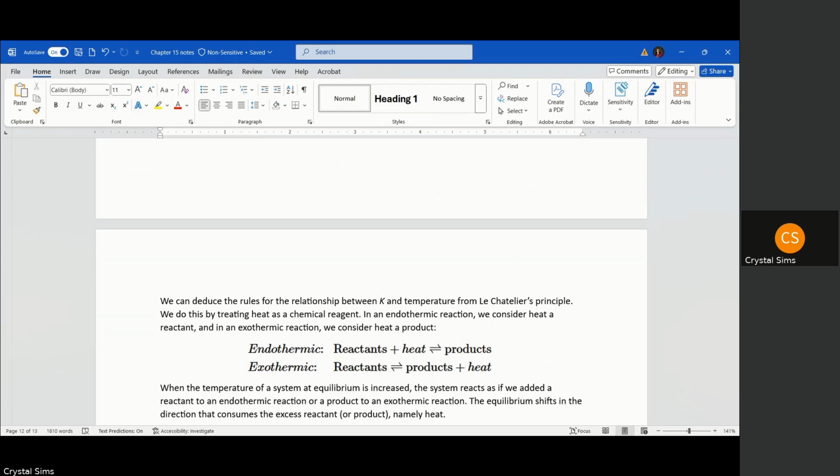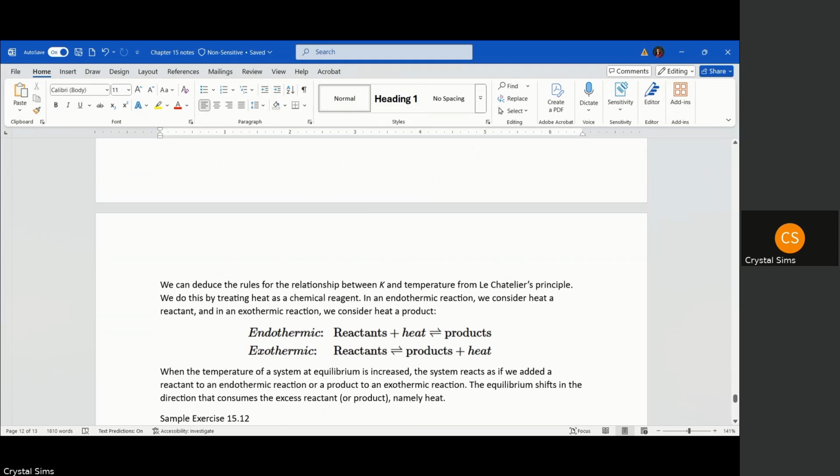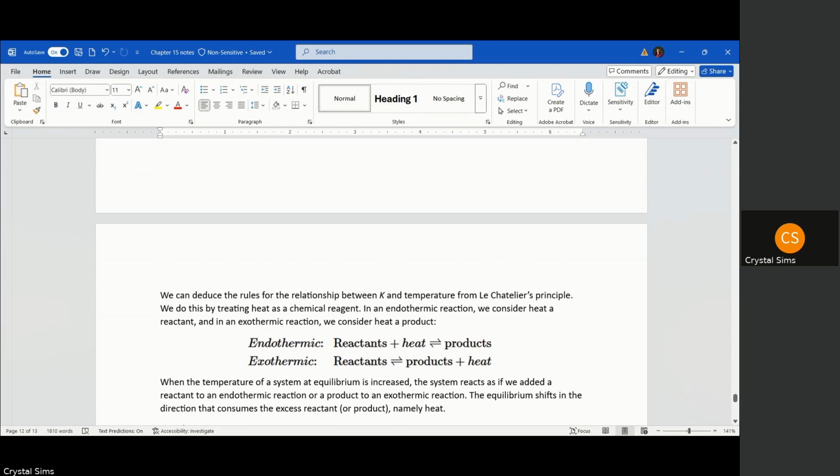Because in an endothermic reaction, it gets colder because it basically sucks in heat from the environment. And then in an exothermic reaction, it is hot because it gives off heat as one of the products. And so when we shift the temperature, then the equilibrium has to shift in a way that it's going to consume the excess heat here, wherever we put it.